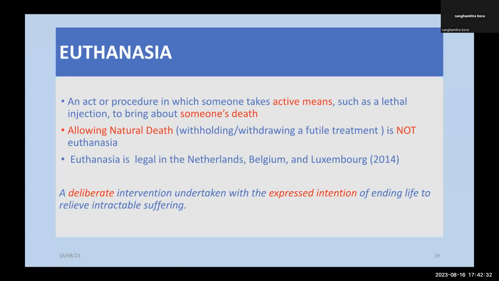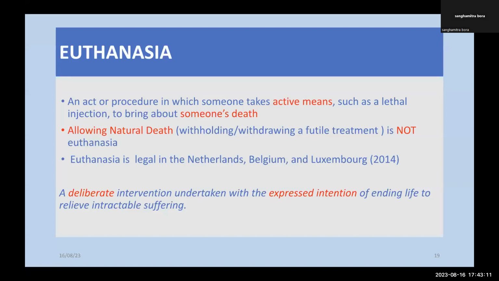When we allow natural death to occur, that would be by withholding or withdrawing a futile kind of treatment. Okay. We'll explain in our further slides what is futile treatment. And euthanasia, as you know, is not allowed in India. It is not legal in India, although many other countries like Netherlands, Belgium, etc., do practice euthanasia.